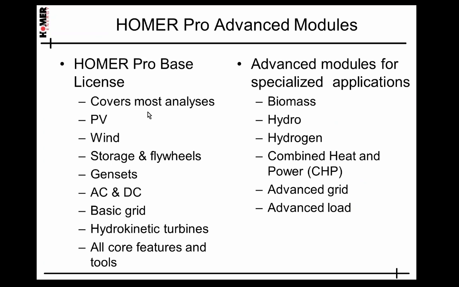It contains all the features you need to analyze a microgrid or a hybrid renewable power system with wind, diesel, or say solar diesel and some storage, as well as a wide suite of analytical and visualization tools that are included in all of our products. In addition to the base product, we have some advanced modules. They're listed out here. Those are really pulled off so that we can specifically develop those, and you can have access to targeted technologies that meet exactly your needs.